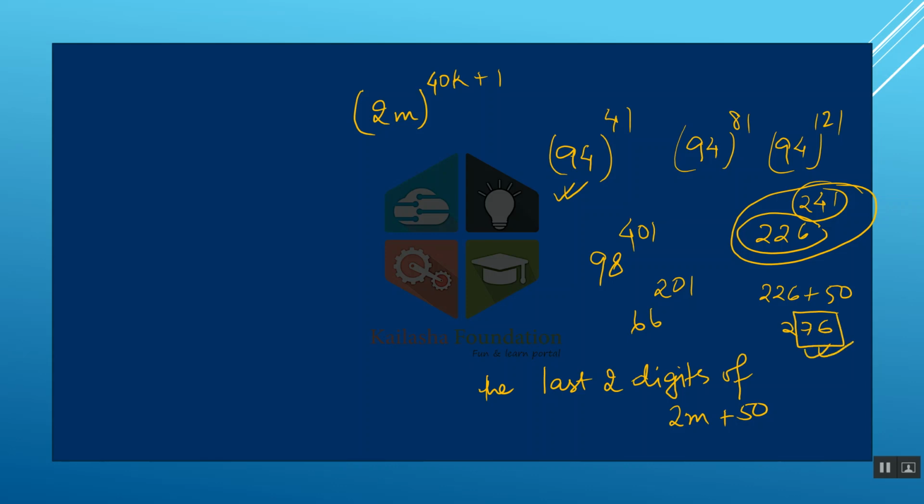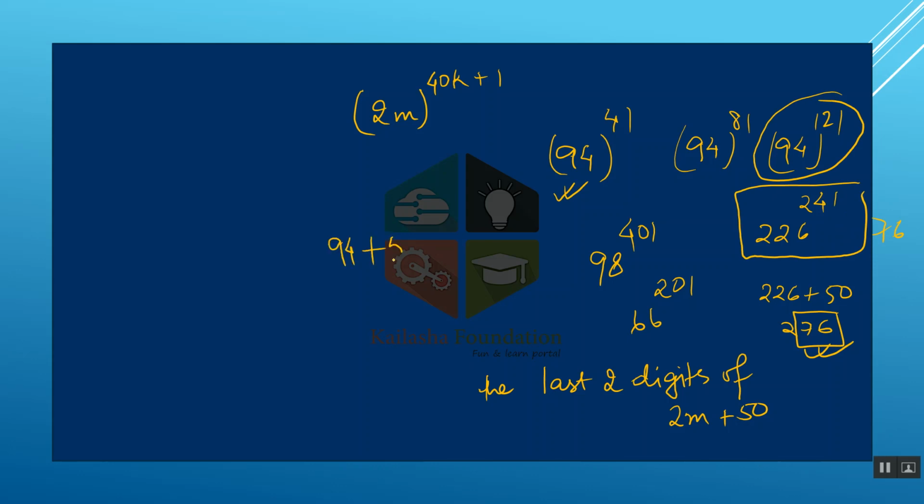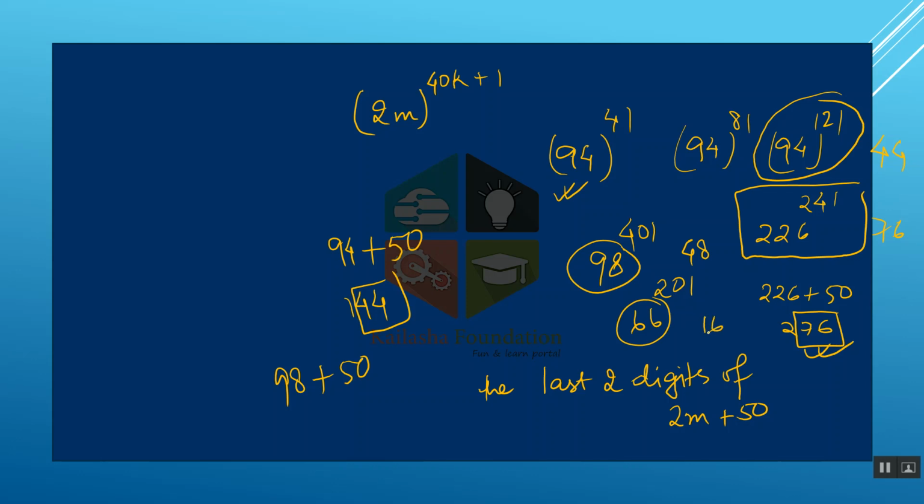Okay, so the last two digits of this expression are 76. Last two digits of this expression 94 plus 50, that is 144. So last two digits are 44. Last two digits of this expression for 98 plus 50, 148, so 48. 66 plus 50, that is 116, so last two digits are 16.